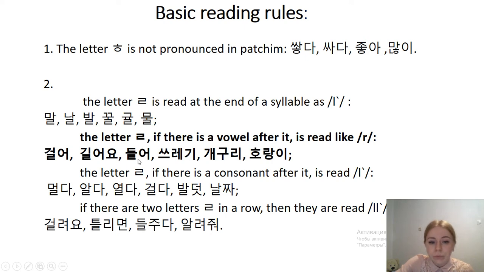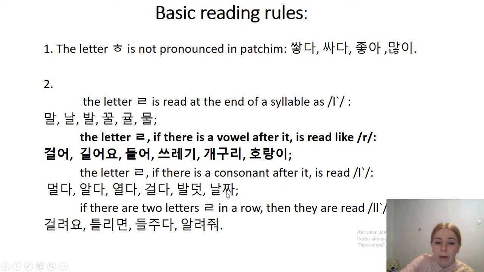And also, if there is a consonant after 를, we read it like 르 again. 몰다. We read here 르, because there is a consonant after the 르 sound. So we have 몰다, 알다. Again, because there is 두 sound, and 두 is a consonant. 열다, the same. 걸다, the same. 발돋, again.